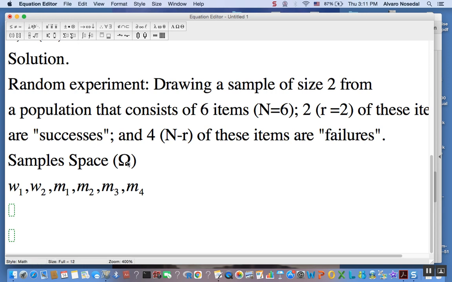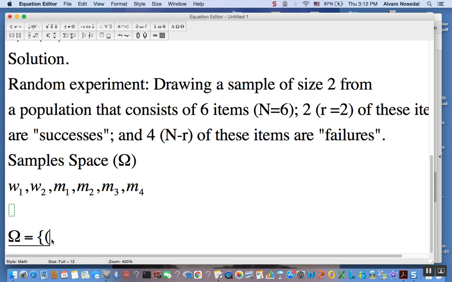So omega, we can think of omega as a sequence of length 2, where the first entry represents the first candidate selected to serve as part of the jury, and the second entry of this sequence would be the second candidate selected.